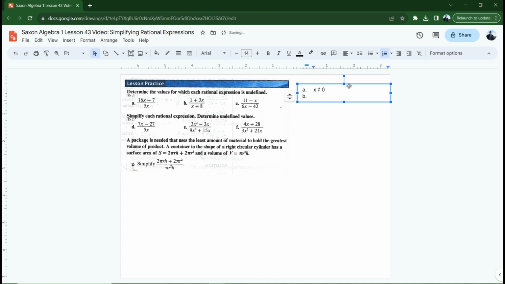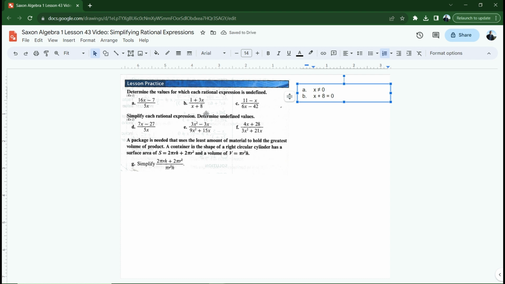Now, it might feel like it's always going to be 0, but let's take a look at B. In B, if x is 0, my denominator is 0 plus 8, which is 8, which is fine. So I have to ask myself, what value is going to make this denominator 0? What I could do is say, okay, what x would make x plus 8 equal to 0?